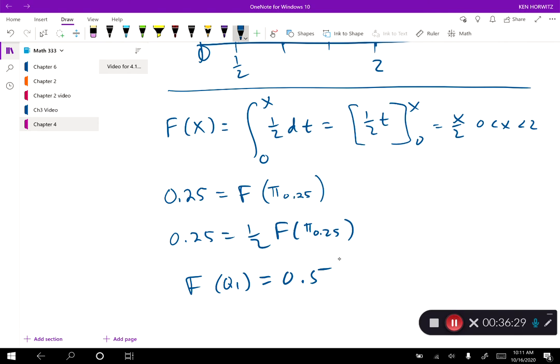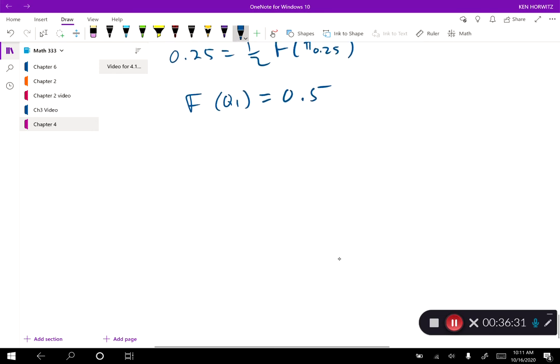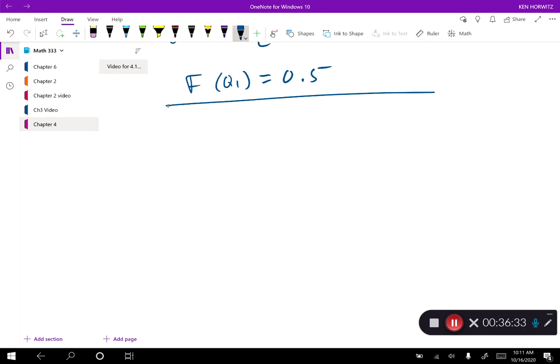All right, so for our median, right, our median means we have half of our area. Half of our area is 1/2 equals F of, again, not sure why they use that as the variable, but they do. So we now need to plug that into our function.